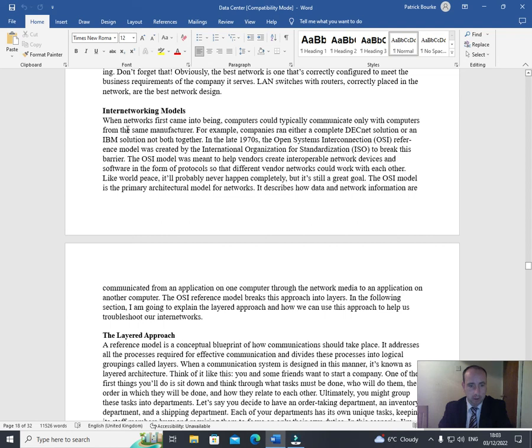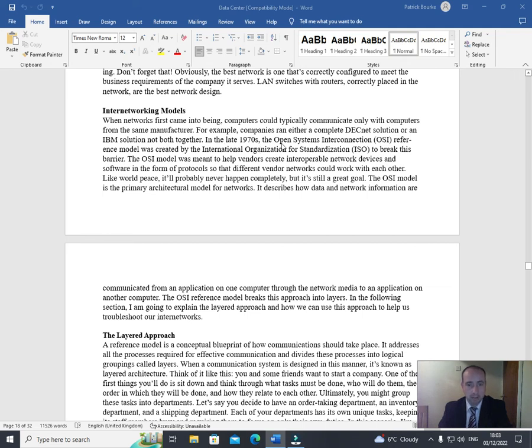Internetworking models. When networks first came into being, computers could typically communicate only with computers from the same manufacturer. For example, companies ran a complete DECnet solution or an IBM solution, not both together.